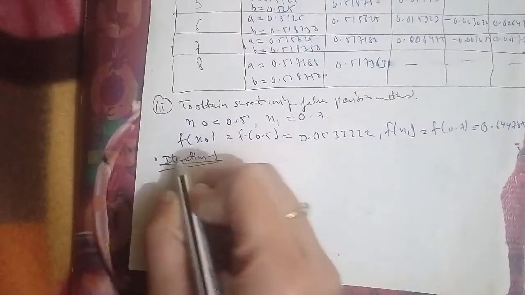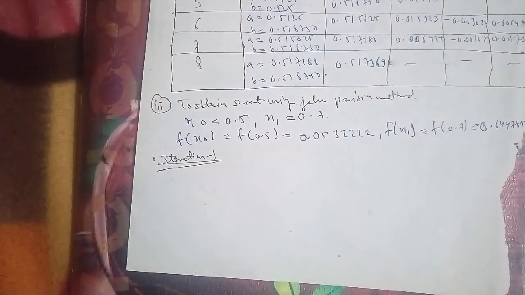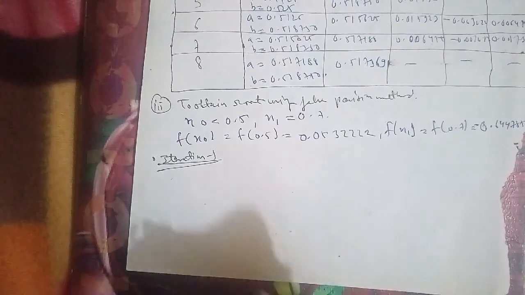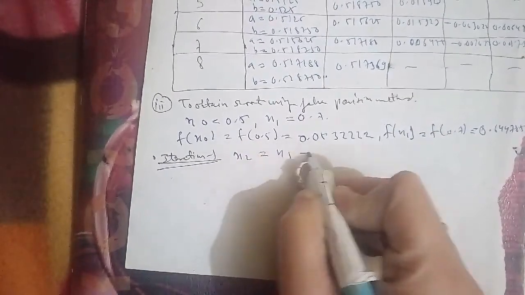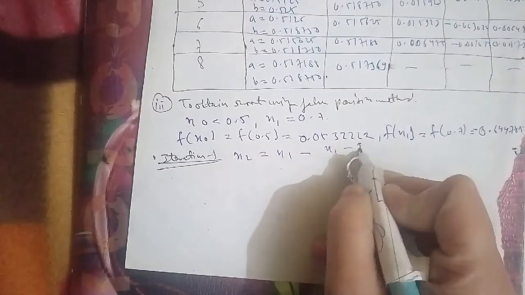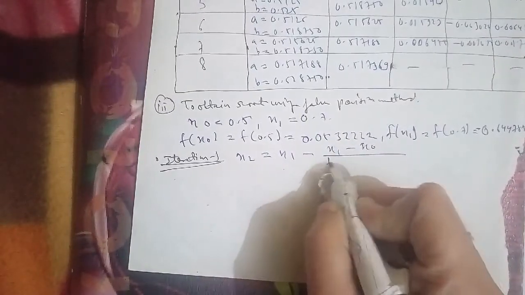For iteration 1, the next root in the regula falsi method is given by x2 equals x1 minus (x1 minus x0) upon (f(x1) minus f(x0)).